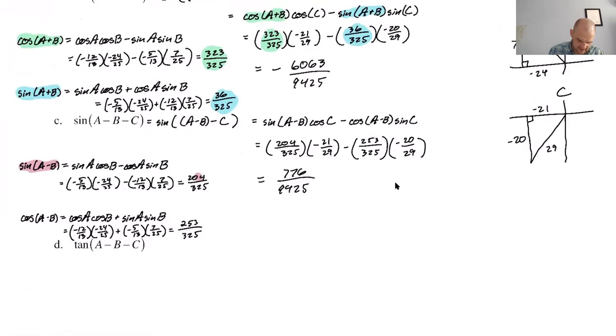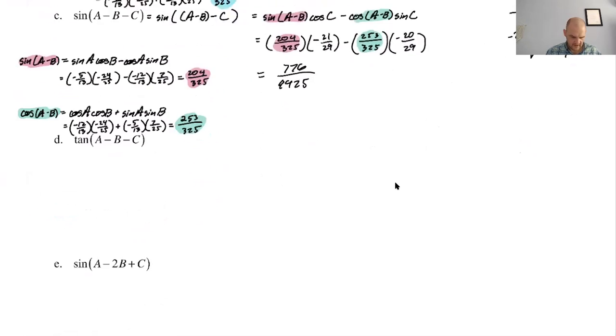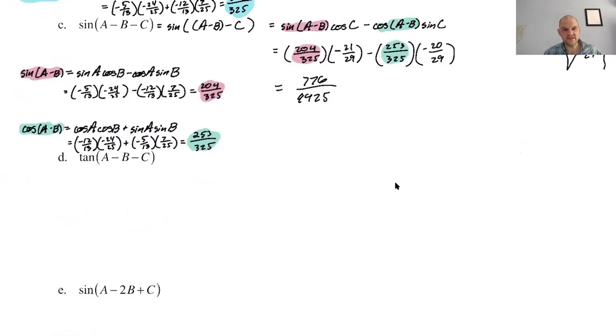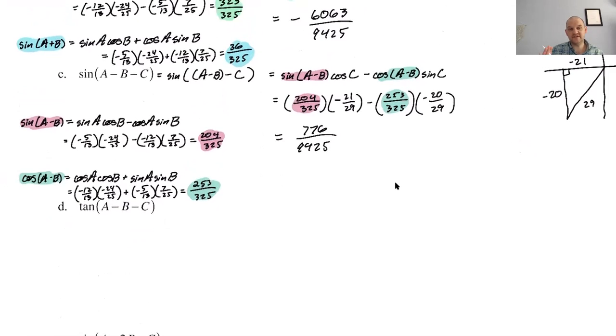Should I try to highlight and show you where things came from? This to this to this became this. And then also this has this value. So when we did this, it became that. All right. Now, tangent of a minus b minus c. I just spent all my time finding the sine of a minus b minus c. I think I'm going to do this one as sine over cosine.